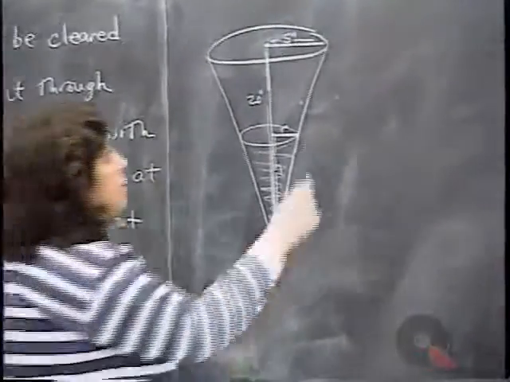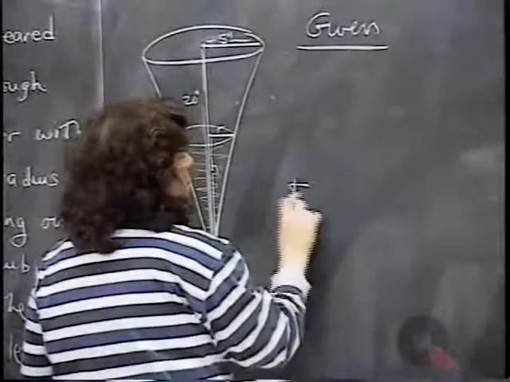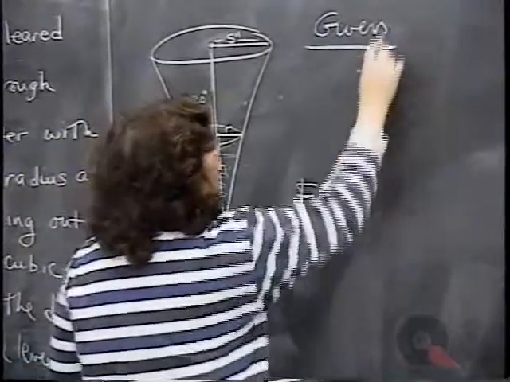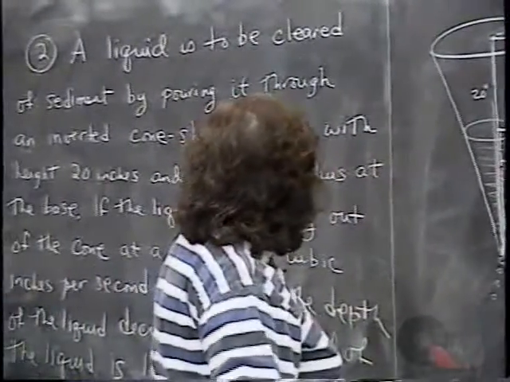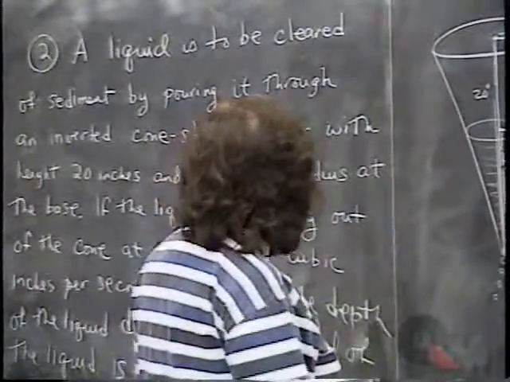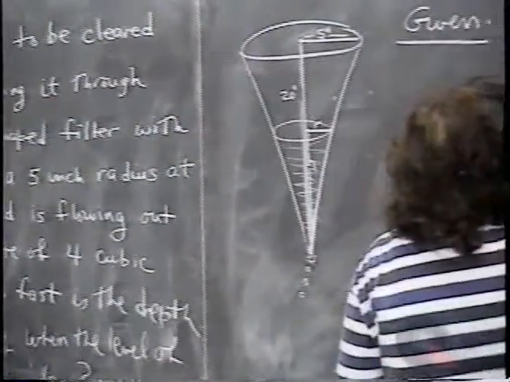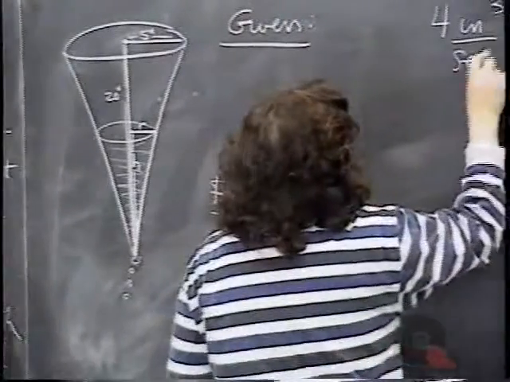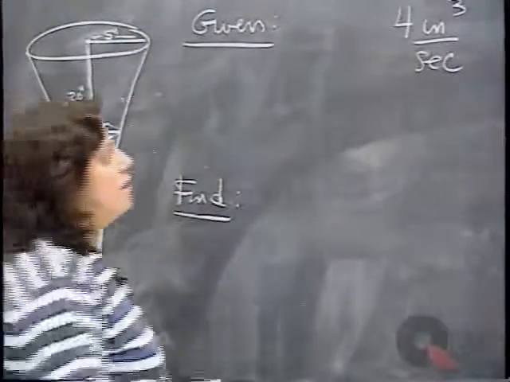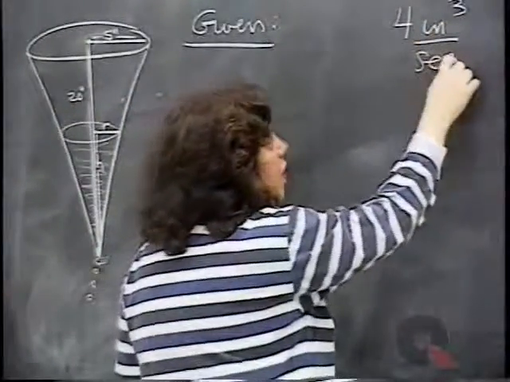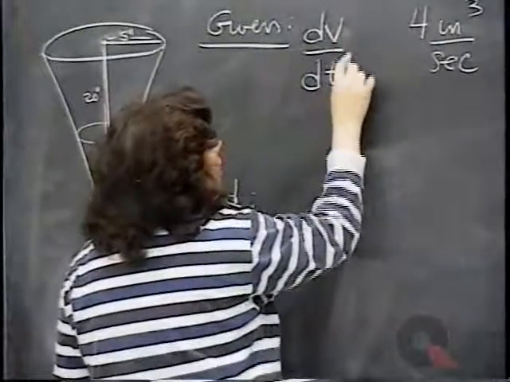Let's see what we're given and what we want to find. We are told that the liquid is flowing out of the cone at the rate of 4 cubic inches per second. Say you're not sure which rate of change you're being given. When you see a volume unit over a time unit, that's your tip-off that it's dV/dt.